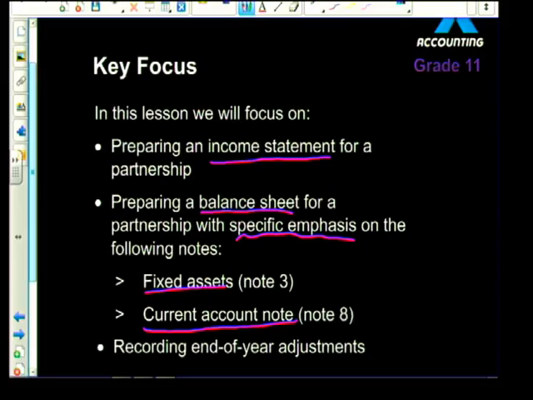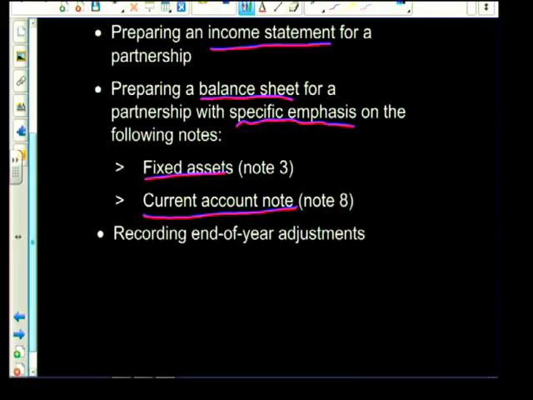You need to know the format of these notes very, very well, because it's essential to know what goes in these notes and essential to know how to record all of the different transactions that you may be required to record. And what you need to bear in mind is that this is your section where you're going to be recording your end of year adjustments. In other words, adjusting the figures in the income statements and in the balance sheet so that they provide a fair reflection of what you've earned or what your financial position is in a particular year.